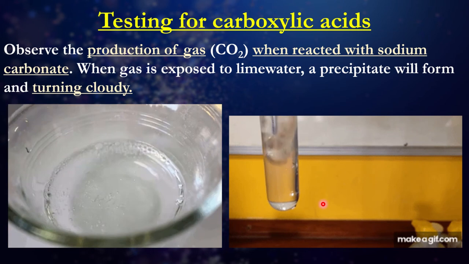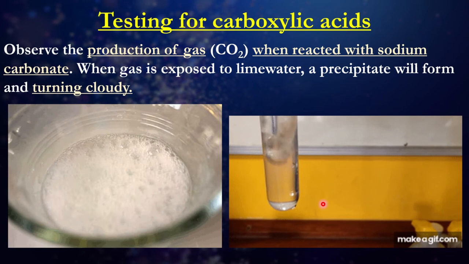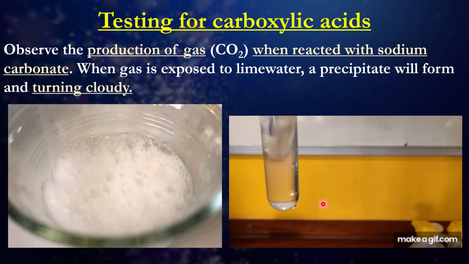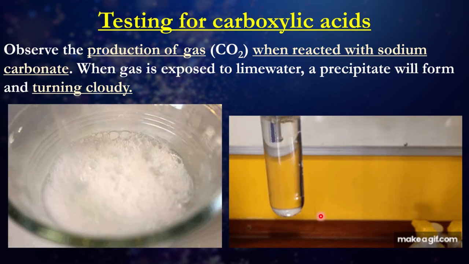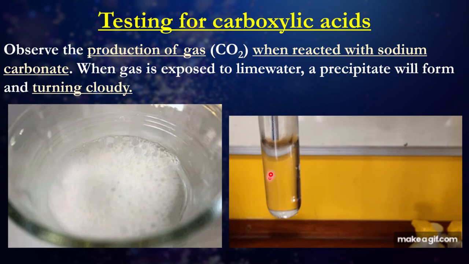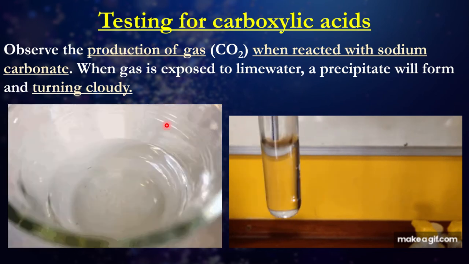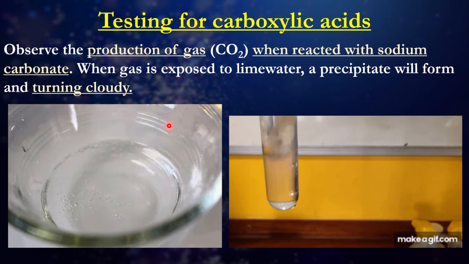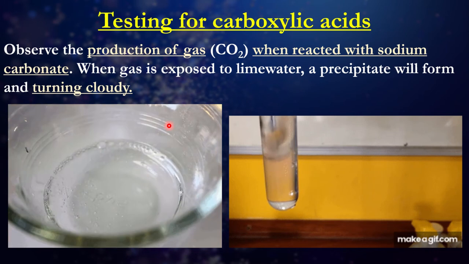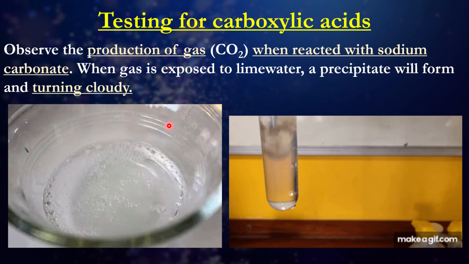So we know that when we react an acid with sodium carbonate, we'll produce carbon dioxide, because it's reacting with a metal carbonate. Another way we can add on to that investigation is if we funnel the carbon dioxide into a tube of lime water, then we can see it turning cloudy, and that's another way we can find out that carbon dioxide has been produced, and therefore that the sodium carbonate must have reacted with a carboxylic acid or some type of acid of that kind.